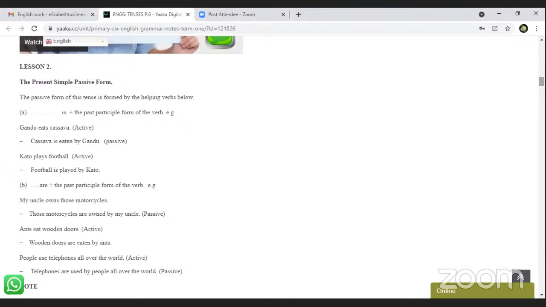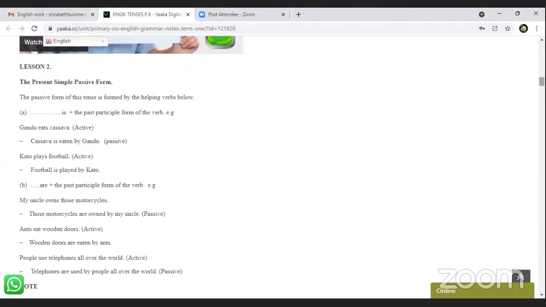The passive form of this tense is formed by the helping verb 'is' plus the past participle of the verb, e.g., Gandu eats cassava. Then that is active, then the passive is going to be cassava is eaten by Gandu. So Kato plays football, football is played by Kato, that is the passive voice.